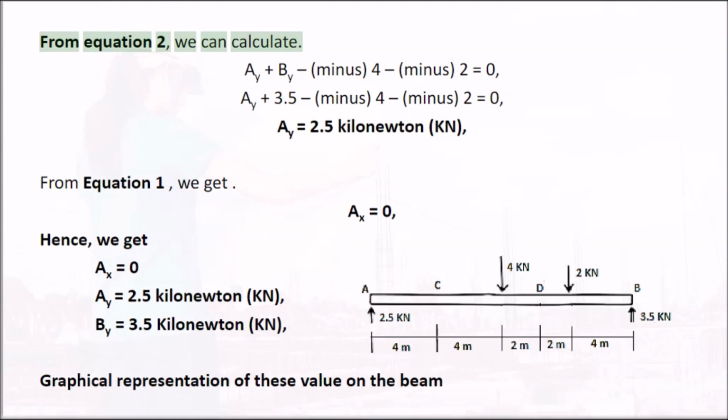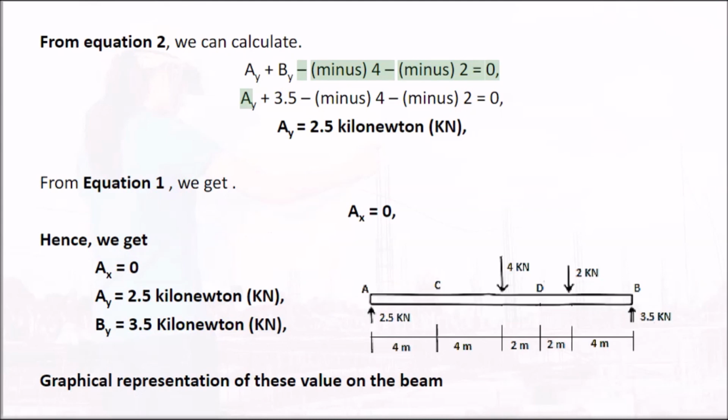From equation 2, we can calculate Ay. Ay plus By minus 4 minus 2 equals 0.